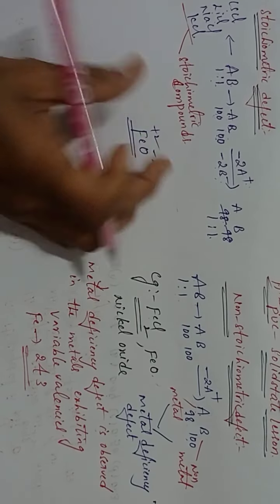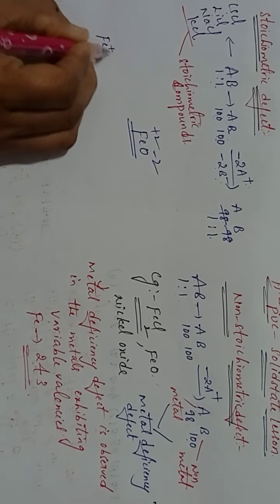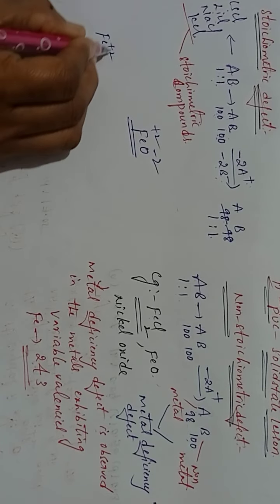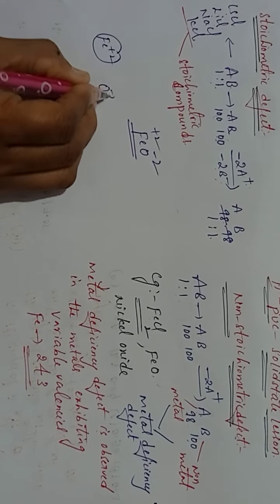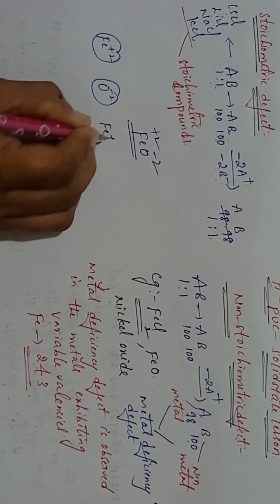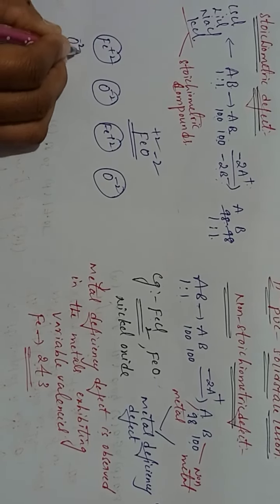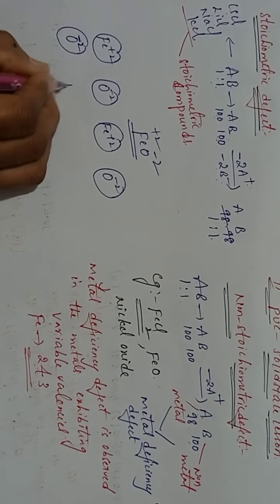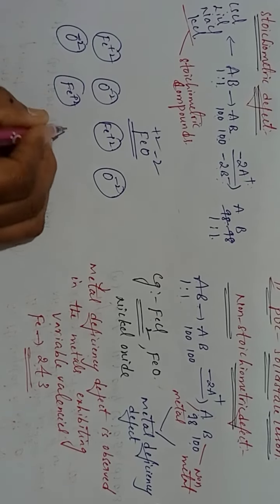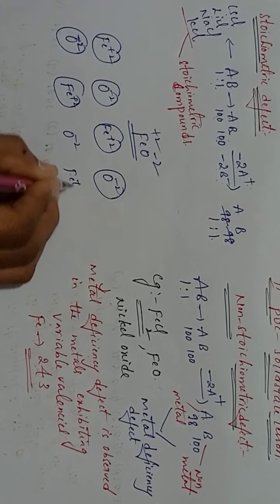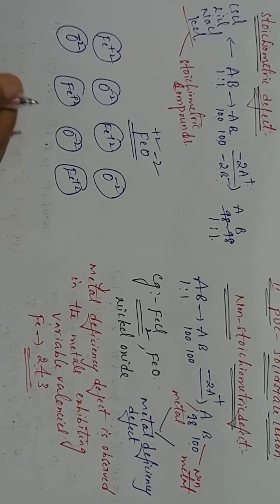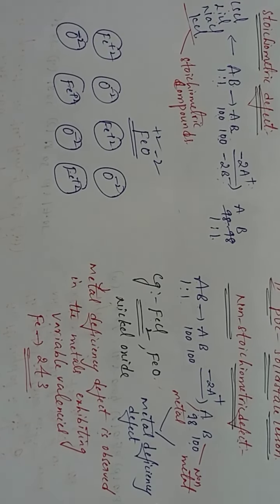Now this crystal I am taking here: Fe +2, O -2, next Fe +2, O -2, again O -2, Fe +2, O -2, Fe +2. Clear this, students? Okay.